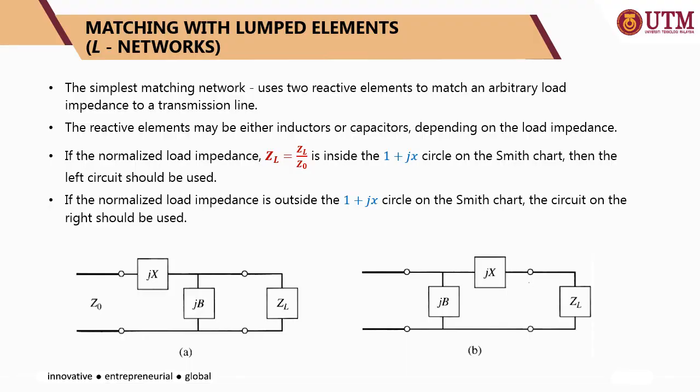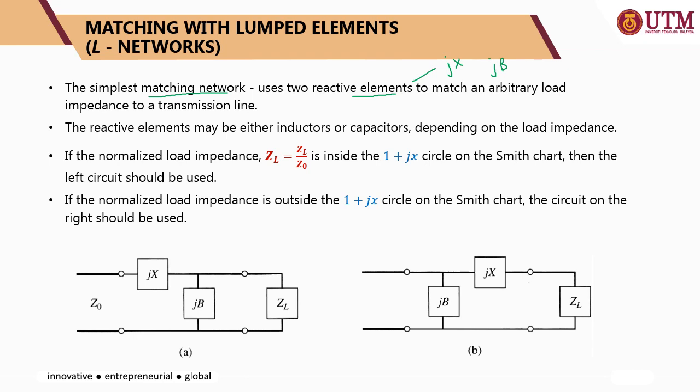Okay, brief information on the L section network. It is one of the simplest matching networks that uses two reactive elements, which are the jX and also jB, the susceptance and the reactance, to match an arbitrary load impedance to a transmission line.